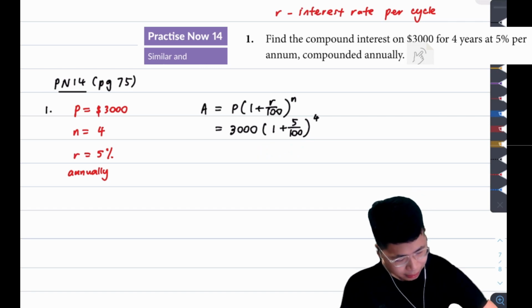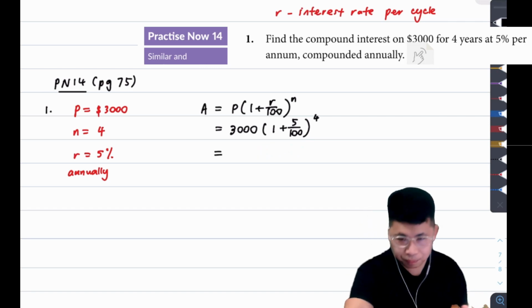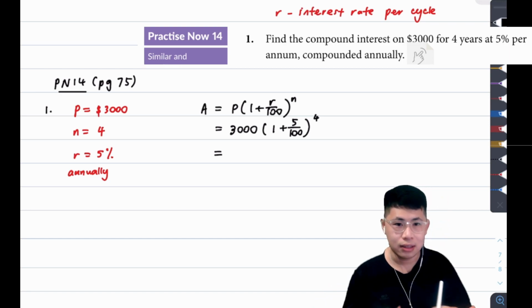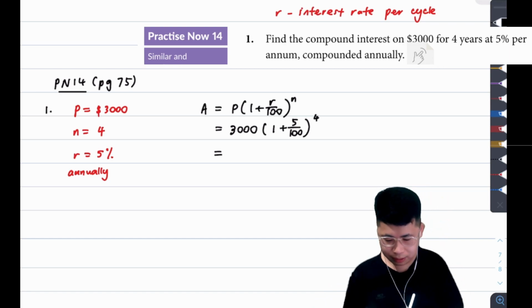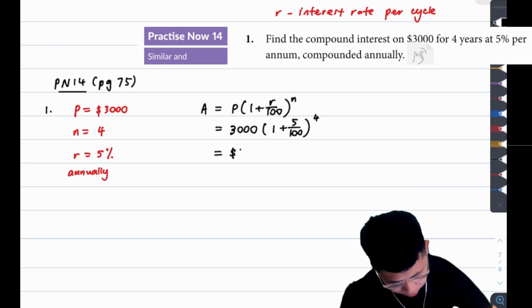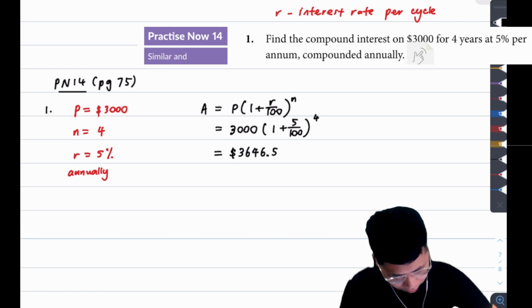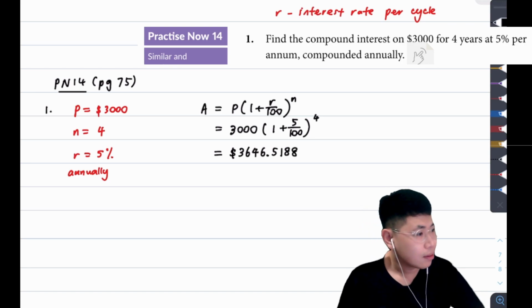Now based on the calculator, my final answer would be 3646.5188.